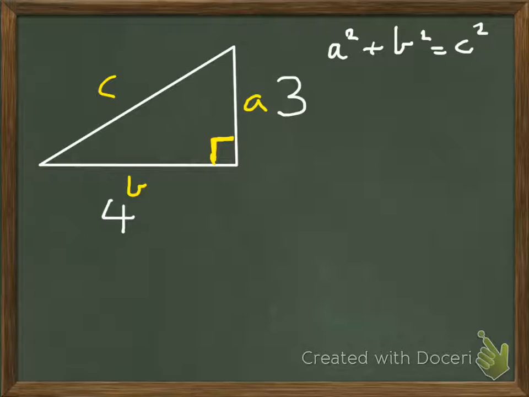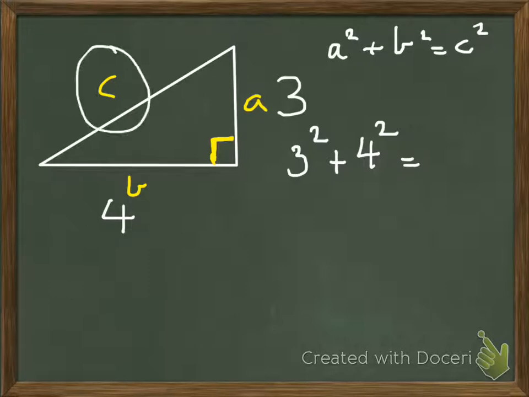A equals 3, so I've got 3 squared. I'm doing this bit of the formula. Now I want to do this bit. I've got a B that has the value of 4, so we're going to put 4 squared in there, and that equals C squared, and C is what I'm after.